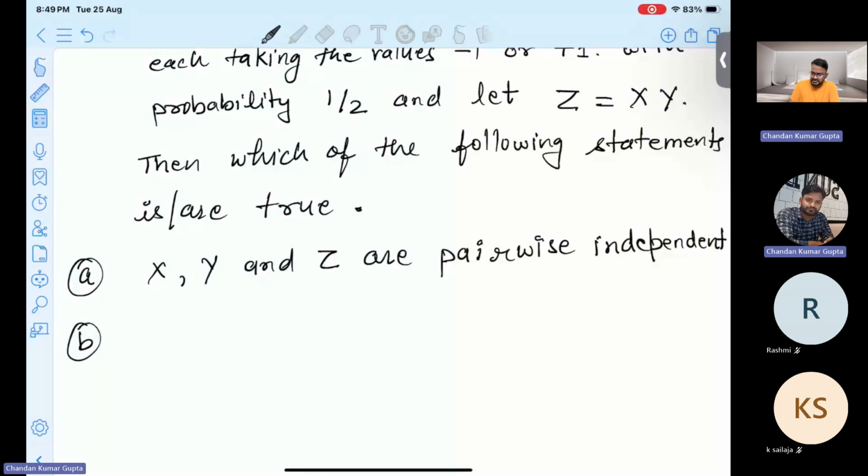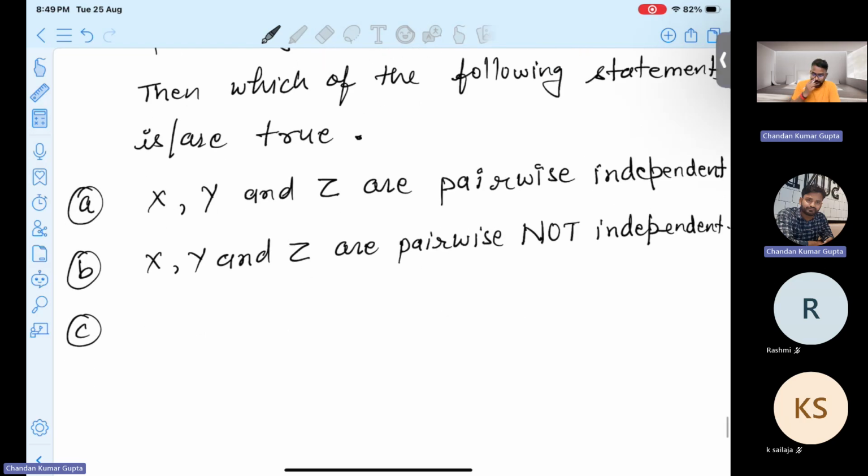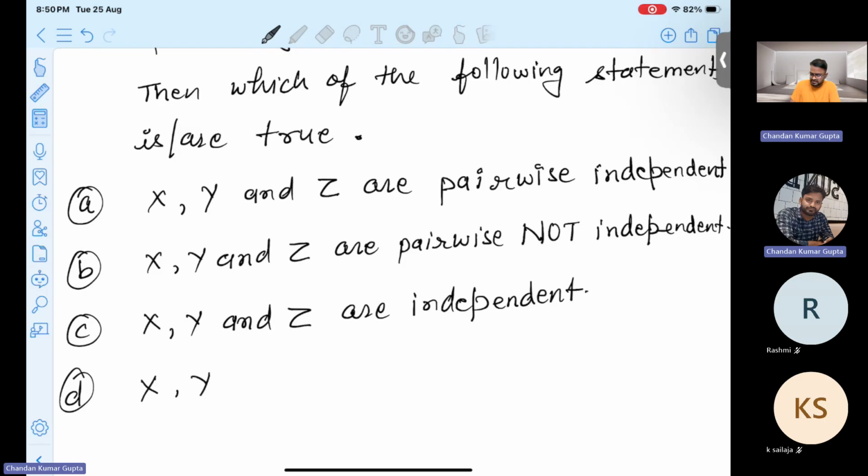B: X, Y, and Z are pairwise not independent. The third option is X, Y, and Z are independent. And D is X, Y, and Z are not independent.